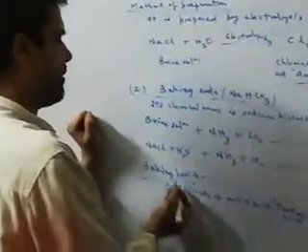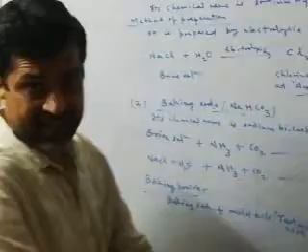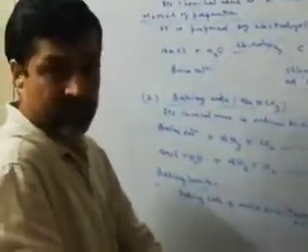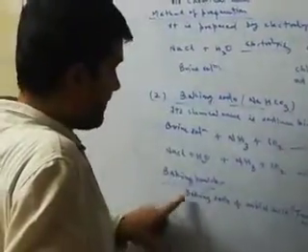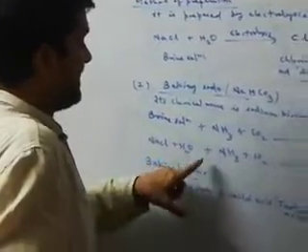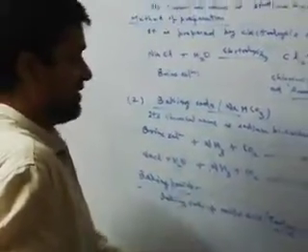For this, why is tartaric acid used? Why is baking soda alone not used in preparation of pakoras, cakes and sweet dishes? Because when baking soda is heated, then what happens?